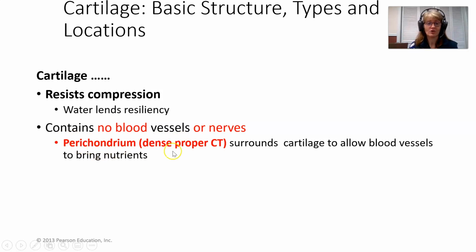Well, we have a perichondrium surrounding the cartilage that allows blood vessels into it. Peri meaning around, chondrium meaning cartilage. So this is stuff around the cartilage that actually has blood vessels in, that brings the nutrients in. And when we talk about joints, I'll talk about how we get nutrients into the hyaline cartilage at the end of bones for the frictionless joints.